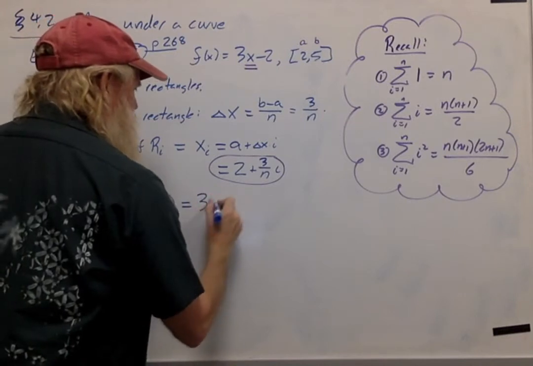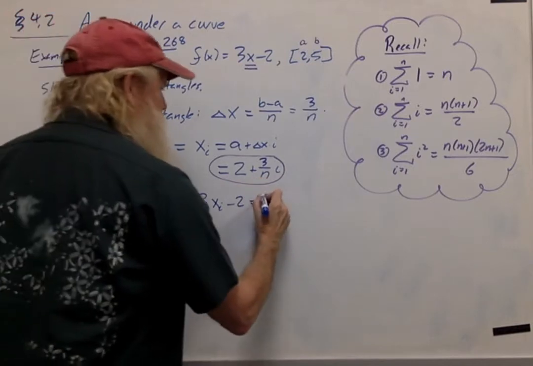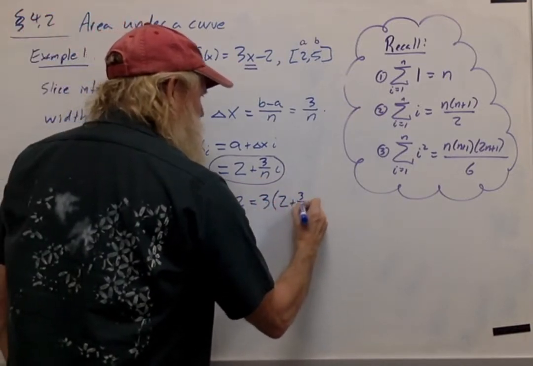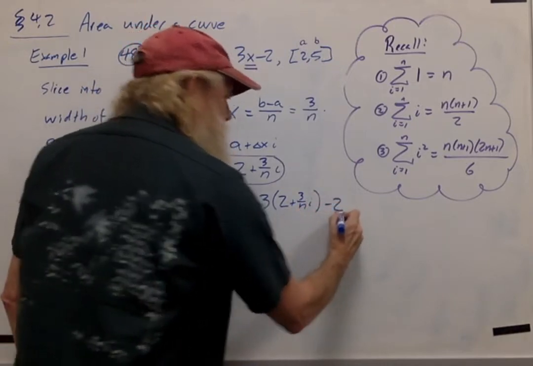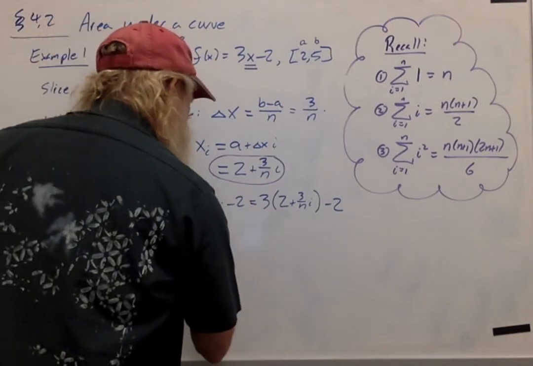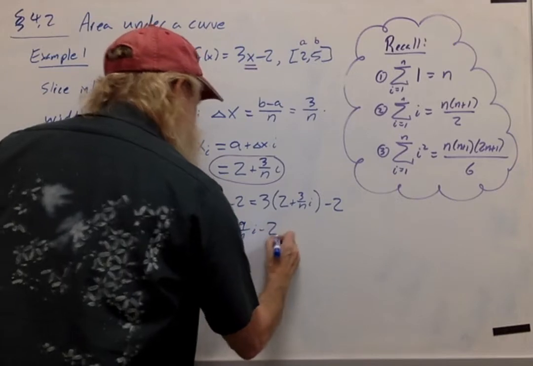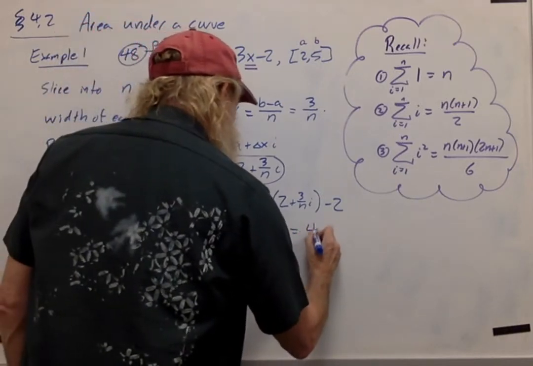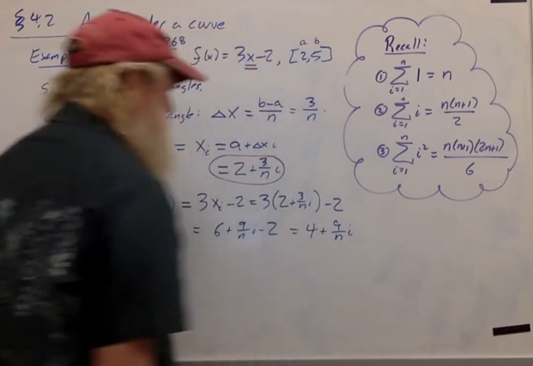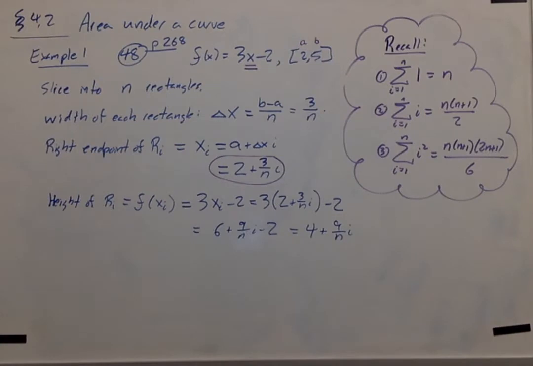So that's 3 x sub i minus 2, or using this expression, that's 3 times 2 plus 3 over n times i, minus 2. But we can simplify that a little bit. That's 6 plus 9 over n times i minus 2, or 4 plus 9 over n times i. And that represents the height of the ith rectangle.